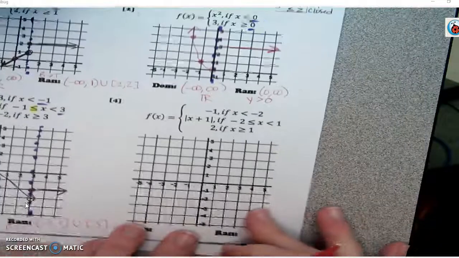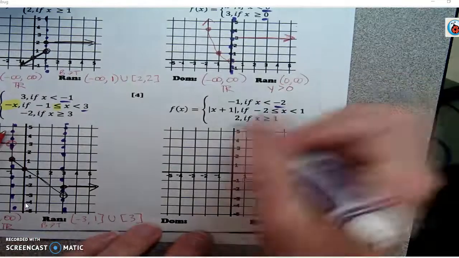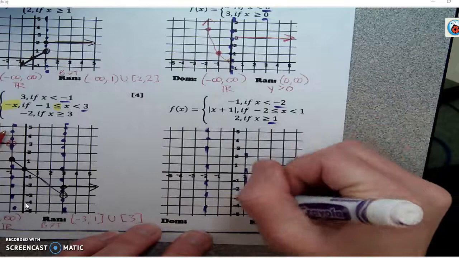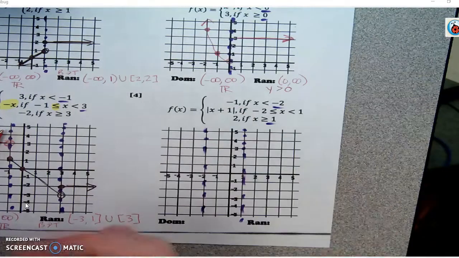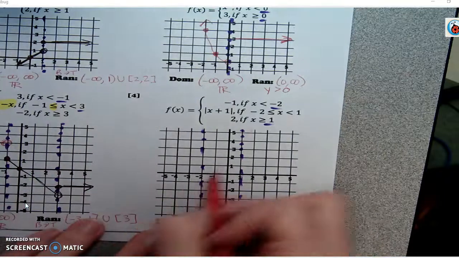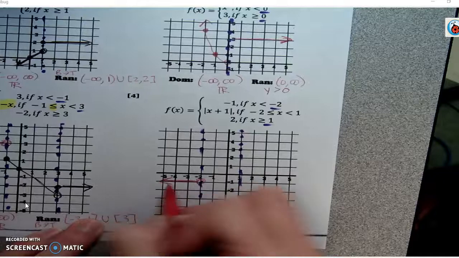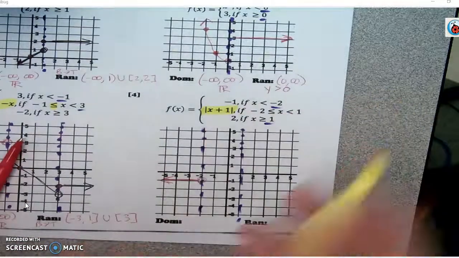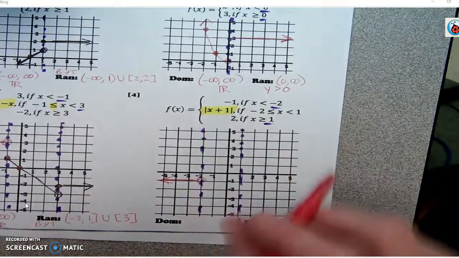All right, number 4, this one also has 3 sections. Our boundary lines are at -2 and +1. The one on the furthest left is your horizontal line at -1 with an open circle, and it's going to the left. In the middle is the absolute value function, |x + 1|. So remember that shifts it to the left 1.